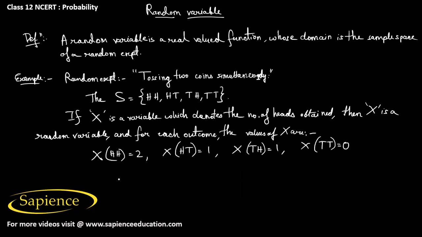So we can explain it by using one question. Suppose a coin is tossed thrice by a person.